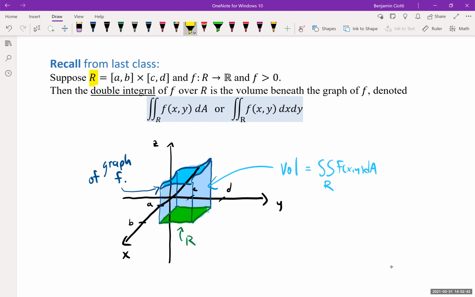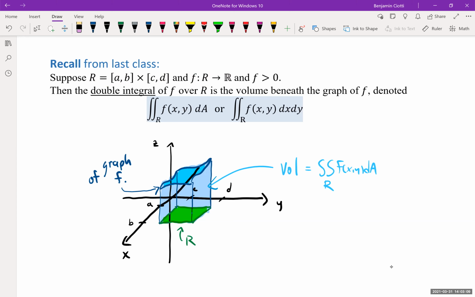We started off by picking some rectangle, capital R, in the XY plane. R is the green part at the bottom of the picture. And you have some function which is defined on the rectangle, real valued, and positive.